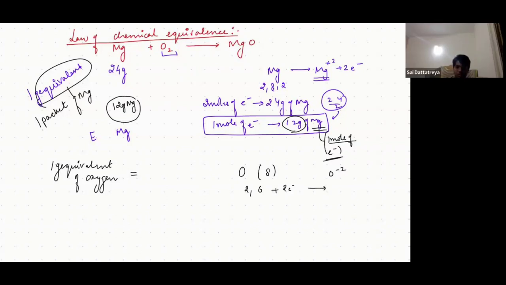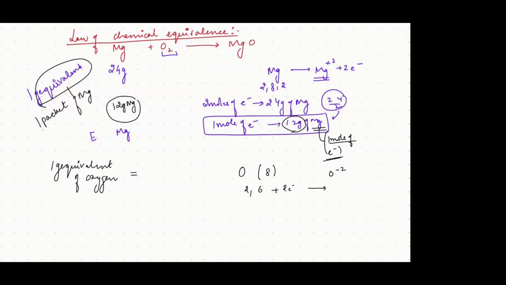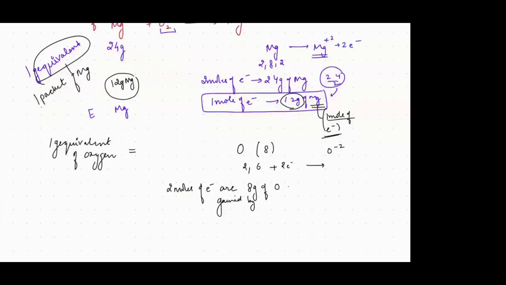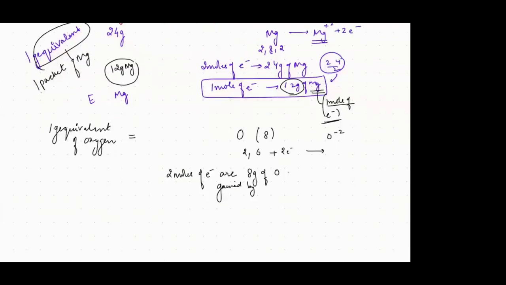And when it is going to form O-2, 2 moles of electrons are gained by 16 grams of oxygen. What is the molar mass of oxygen? Sorry, that's 16 grams.